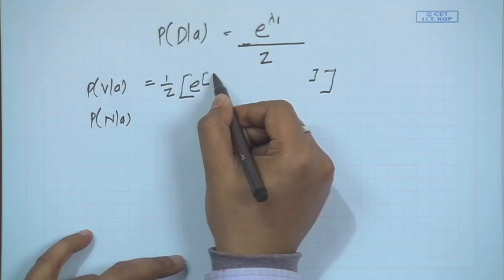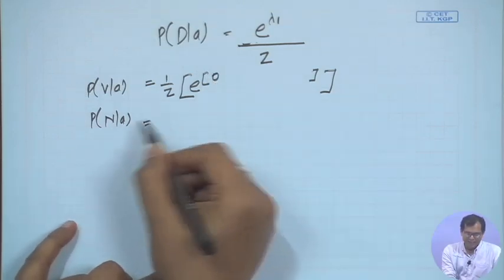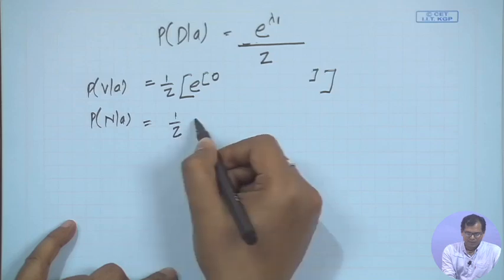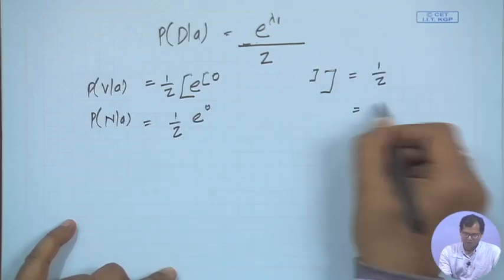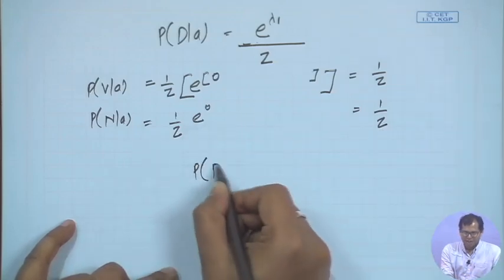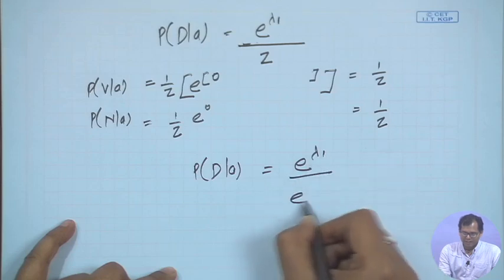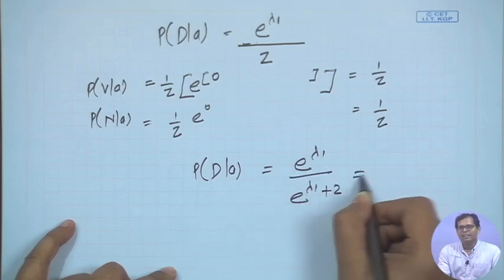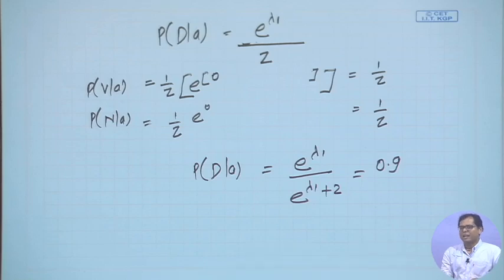So it will be simply e to the power 0. Okay, all the features are 0. The same happens with n given a. So they are 1 by z, 1 by z, and this tells me that probability d given a should be e to the power lambda 1 divided by e to the power lambda 1 plus 2, and that should be 0.9 to satisfy the constraint, and that will give me the value of lambda 1.